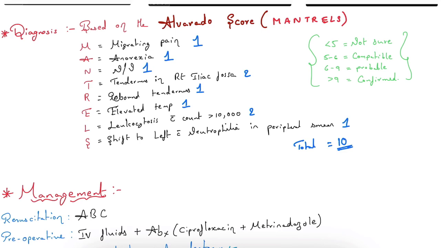T means tenderness in the right iliac fossa, for which we give 2 marks, and rebound tenderness is 1 mark, and elevated temperature is 1 mark, and leukocytosis with count greater than 10,000 gives 2 marks, and S means shift to the left with neutrophils in the peripheral smear. That means polymorphonuclear cells will be seen in the left shift. If this Alvarado score is greater than 9, then we have to confirm appendicitis.